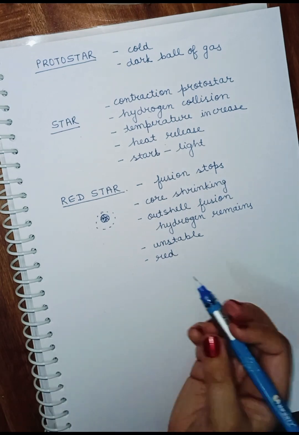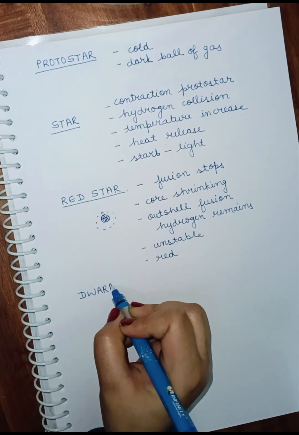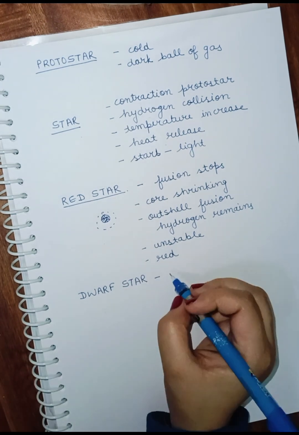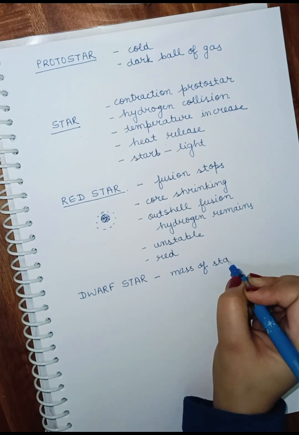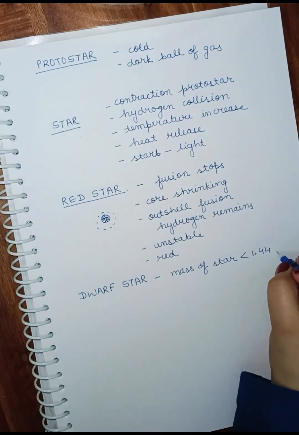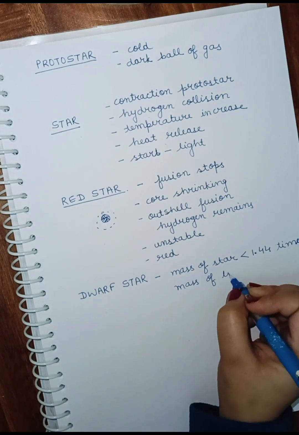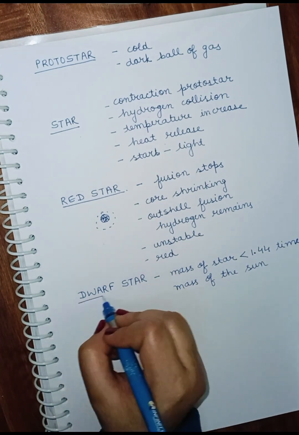Then comes the dwarf star. In this, the mass of the star is less than 1.44 times the mass of the sun. This is simple. What is a dwarf star?